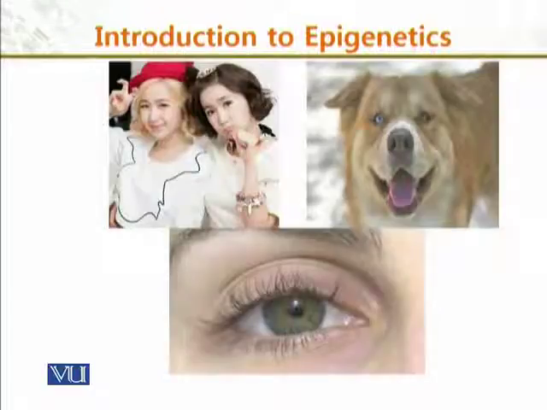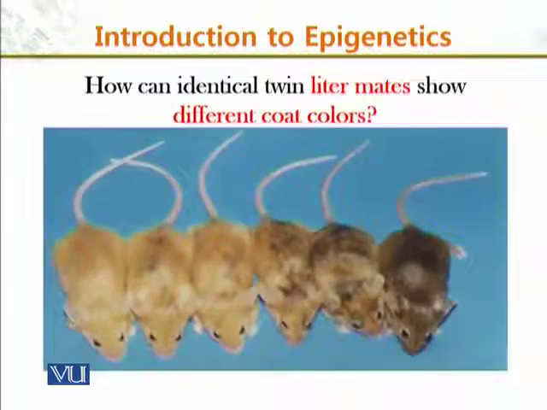For example, you can see here two twin sisters, one with black hair and another blonde. Similarly, the dog has two eye colors, and at the bottom, one person has eyes of two different colors. A very interesting phenomenon. How is it possible that this can happen?